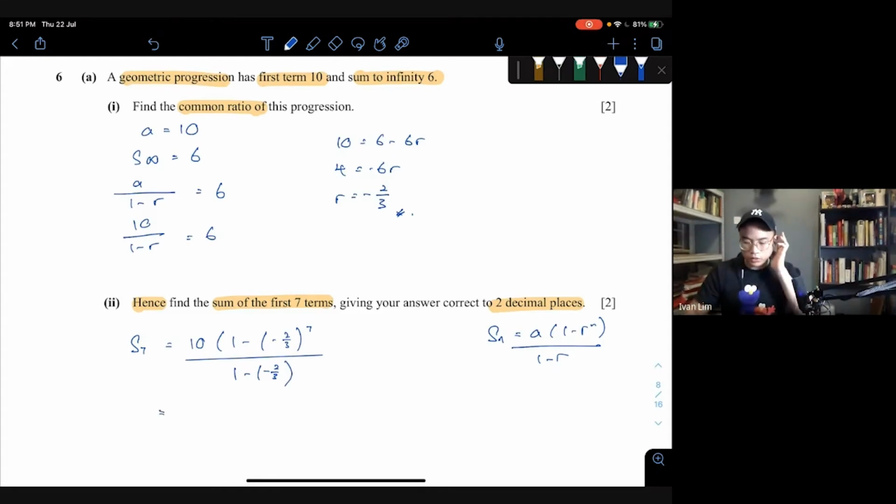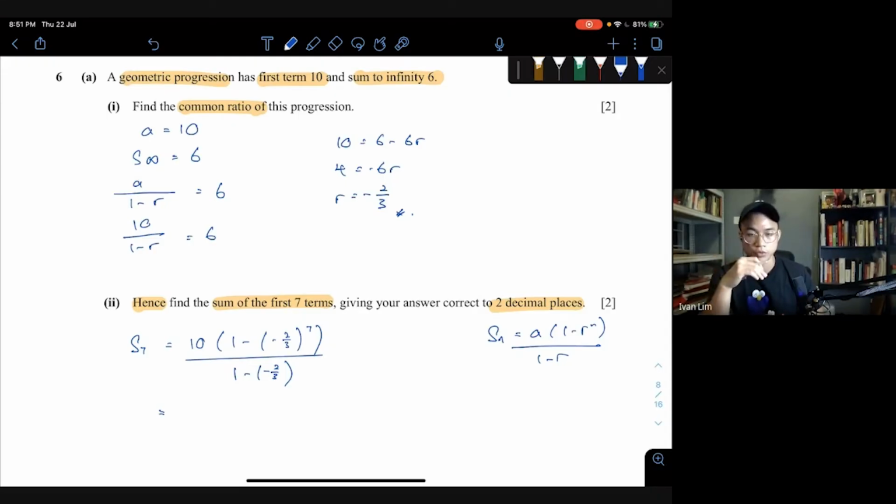I had a student ask me, teacher, why can't this negative just become 1 plus 2 over 3 to the power of 7? Don't do that, because we have to follow the order. Bracket first, then order or indices, BODMAS or BIDMAS. You all have to follow the law of mathematics here, the order.